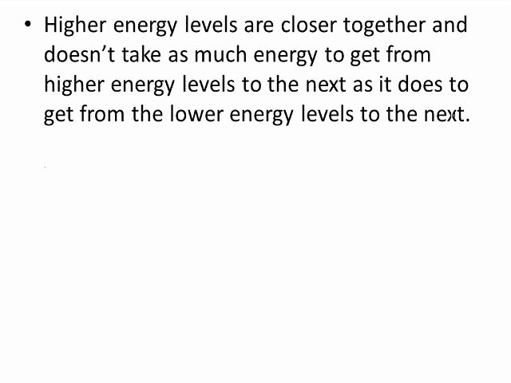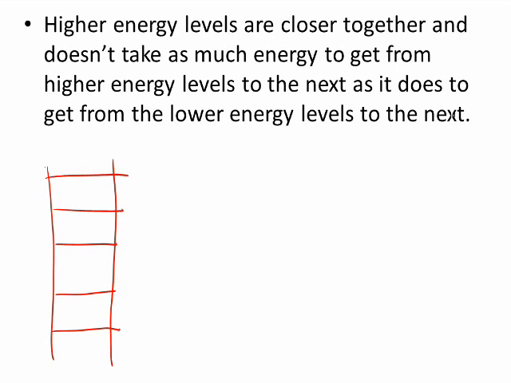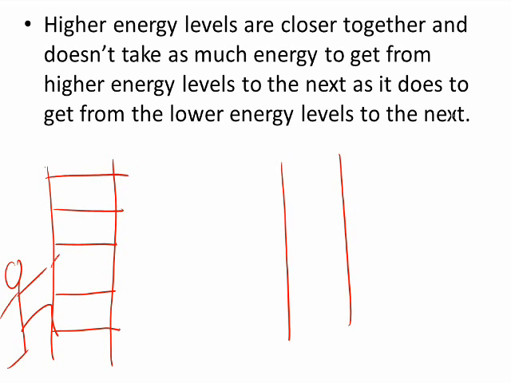So an example they give in your book on page 129 is ladders. Normally you have rungs of ladders like this, they're equally spaced, and it will take you the same amount of energy to climb up each step. Okay, it still takes the same energy from one step to the next. But in energy levels in an atom, the higher you go, the closer they are together.